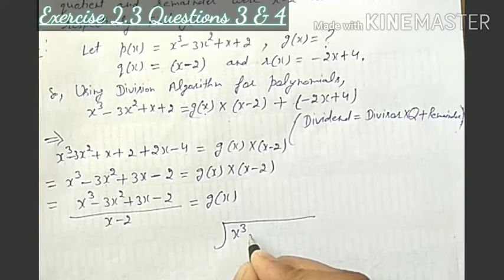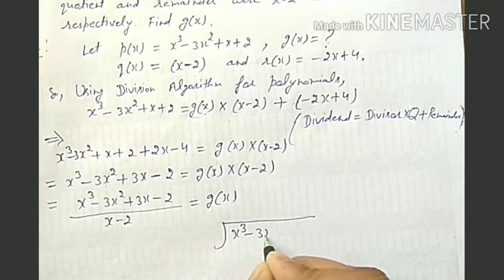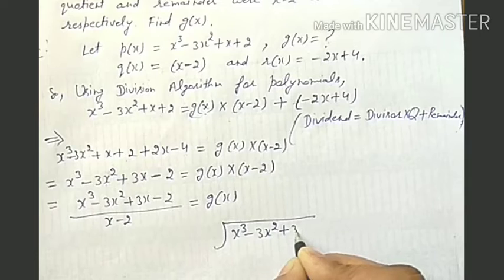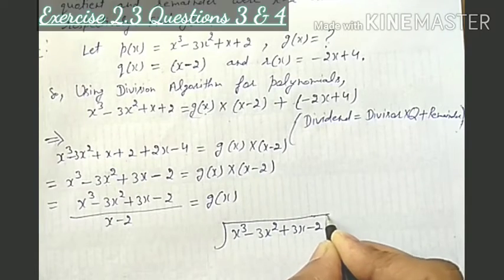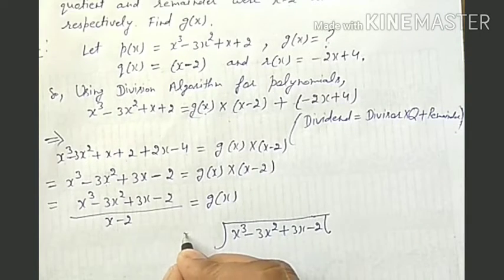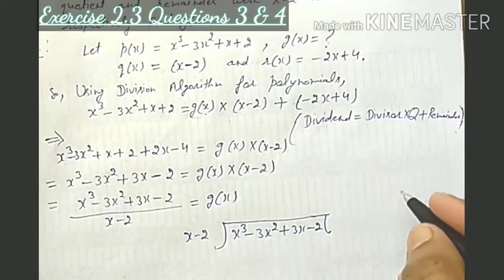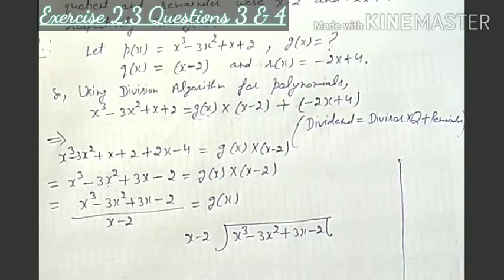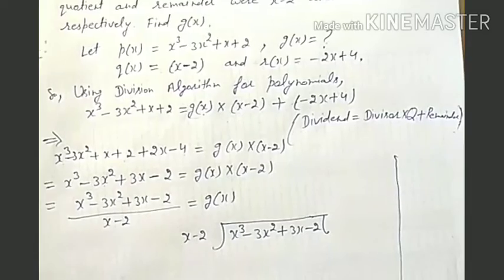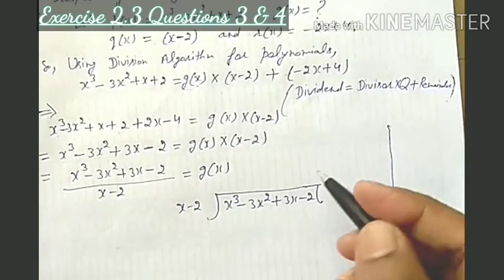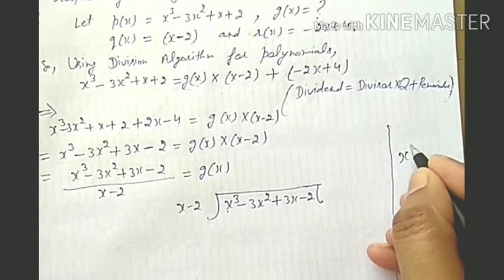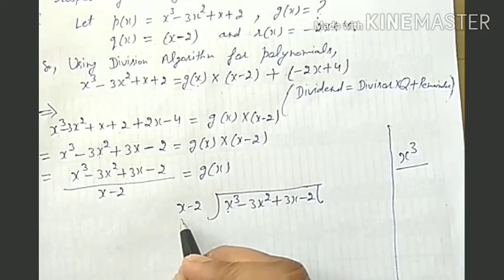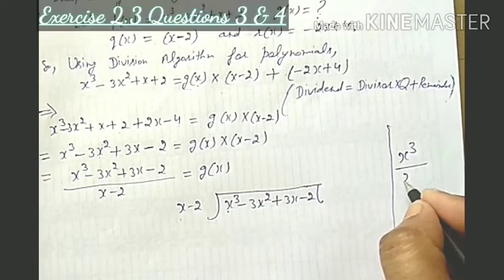x cube minus 3x square plus 3x minus 2, and divisor is x minus 2. So for first term of quotient, we will divide dividend's first term x cube by divisor's first term x.